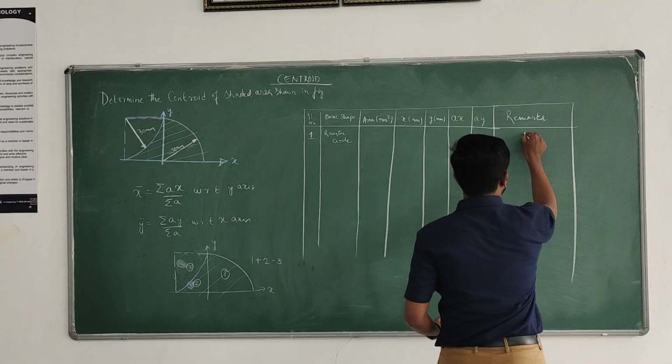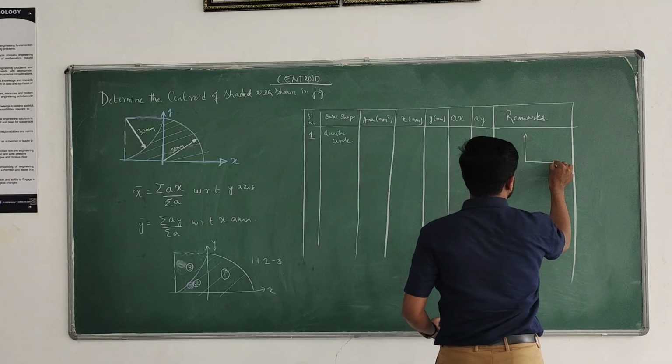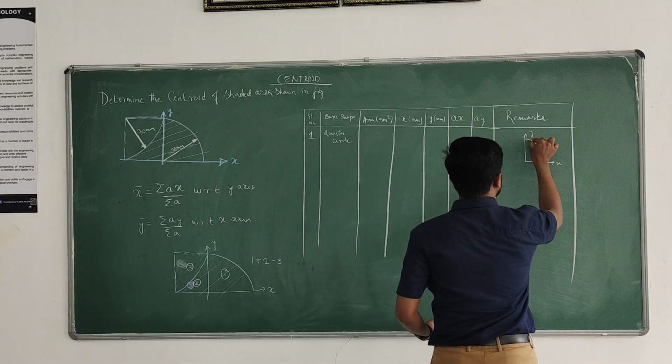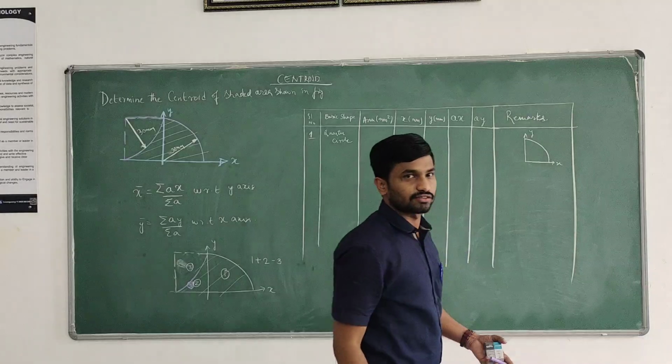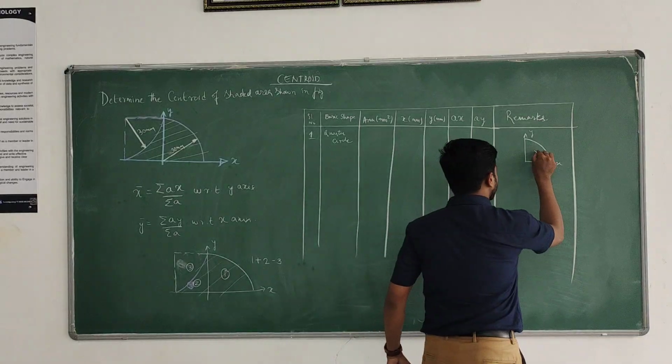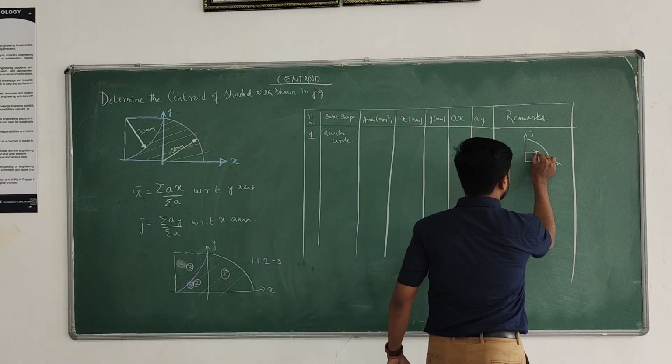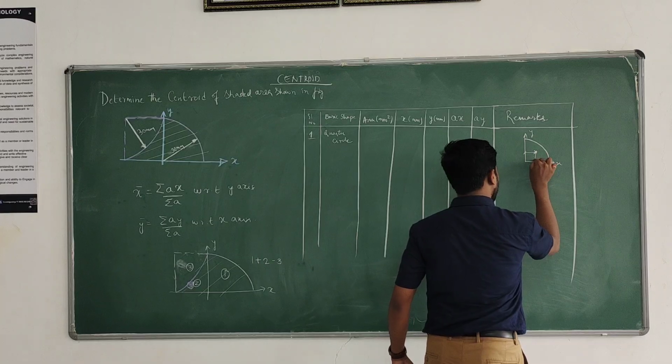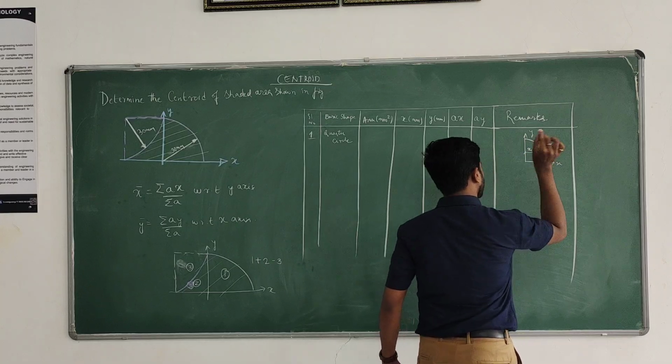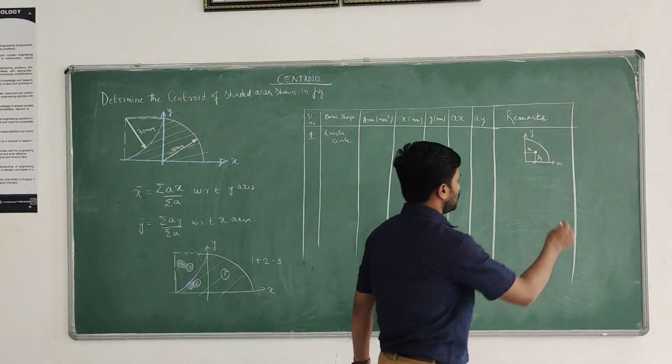Here I will come to remarks, and this is x and y. The first basic shape is quadricircle. For quadricircle, the centroid may be here. Therefore, the x bar we are measuring is this x1 and this y1.